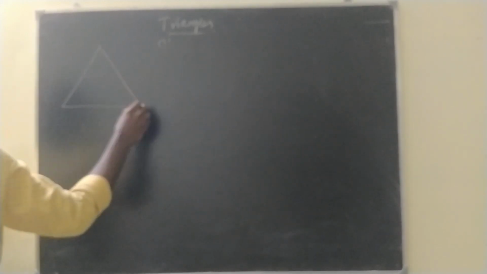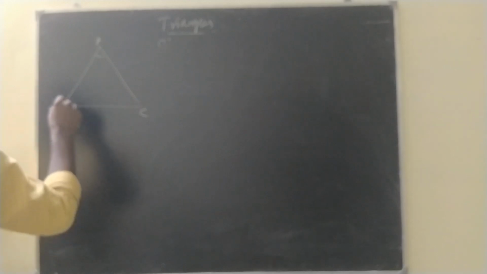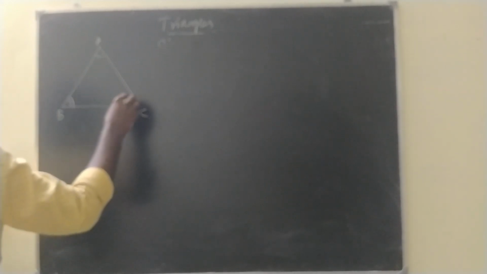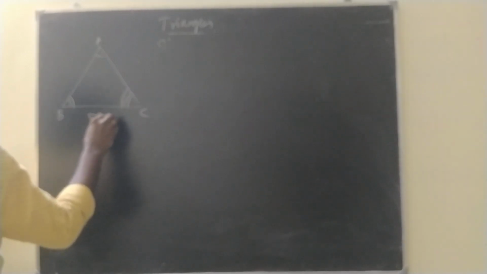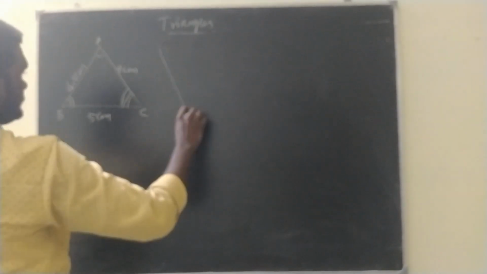See, the triangle ABC, here A, this is B, this is C. Here 5 centimeter, 4 centimeter, 4.5 centimeter, and another triangle PQR.